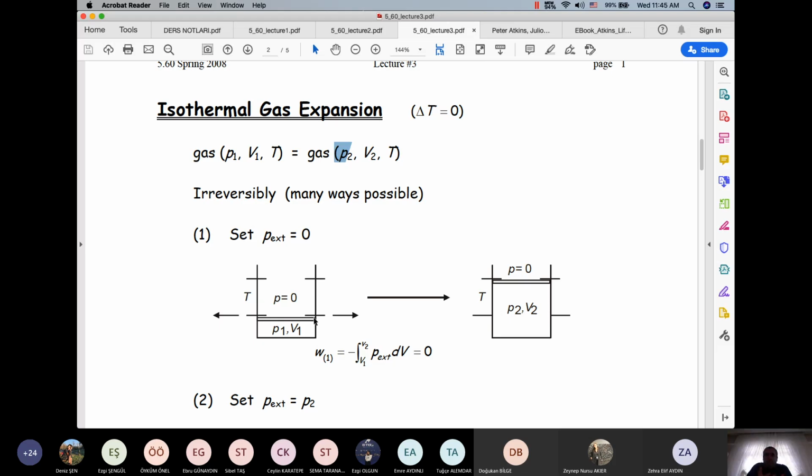So the system goes from here to there at an instant, very quick, and it does not produce any work because there is no external pressure. Since the external pressure is 0, I end up getting 0 work. So if you are doing expansion into vacuum, where the pressure is 0, that is vacuum, expansion into vacuum produces no work at all. Okay.